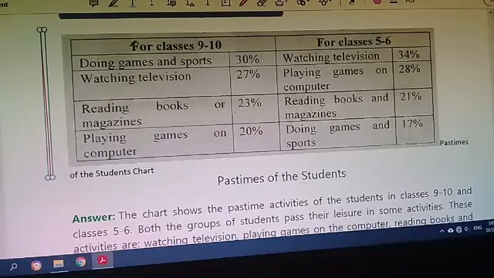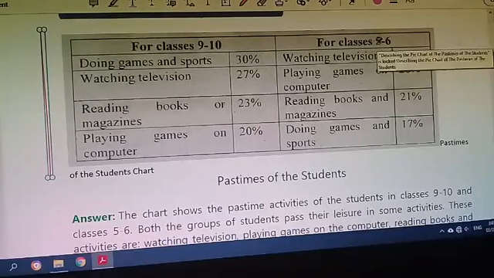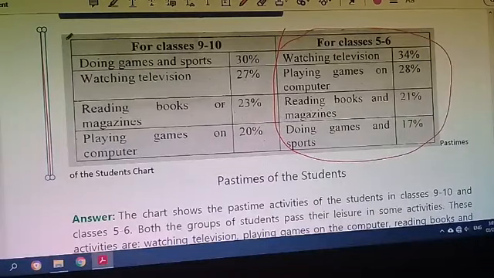This one is for class 9 to 10 and this one is class 5-6 students. Or that the students who study class 5-6 they practice this way, and this one is 5-6 and this one is 9-10 students.